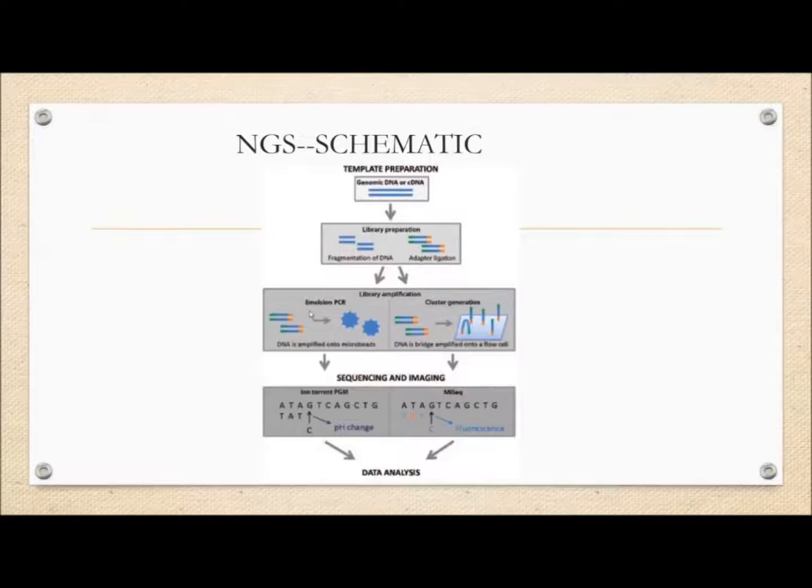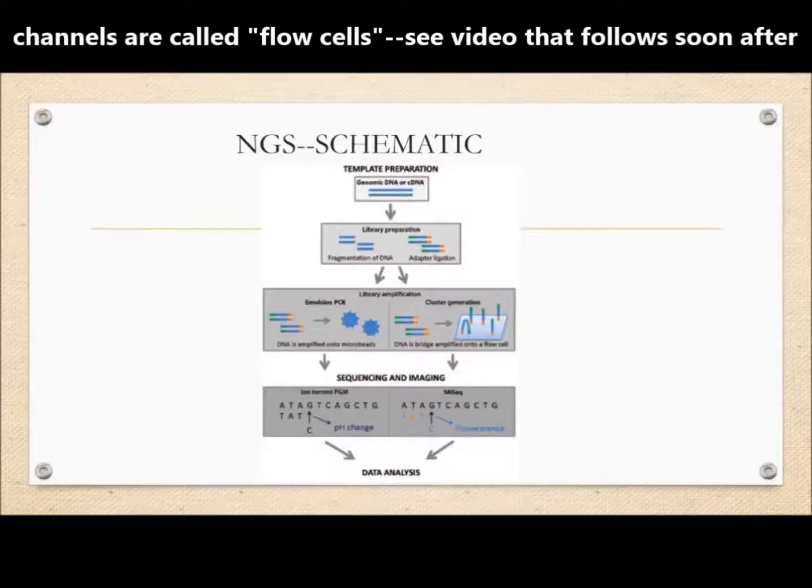And then you amplify these fragments, and these fragments can be amplified onto, for example, microbeads or channels. Now, the Illumina HiSeq that we have actually uses these channels, and then you amplify onto microbeads or in channels, and then you use this process of bridge amplification that we will discuss.